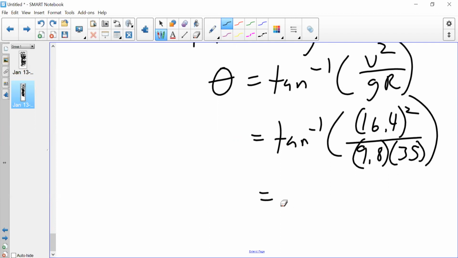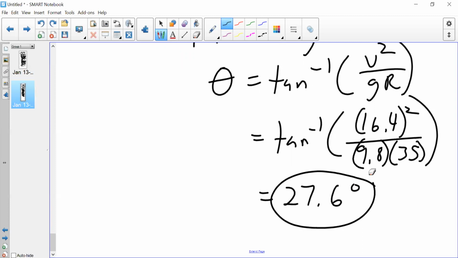That comes out to roughly, see there, 27.6. So the civil engineer must design a ramp at this angle to get his conditions met. Physics going into engineering. Any questions?